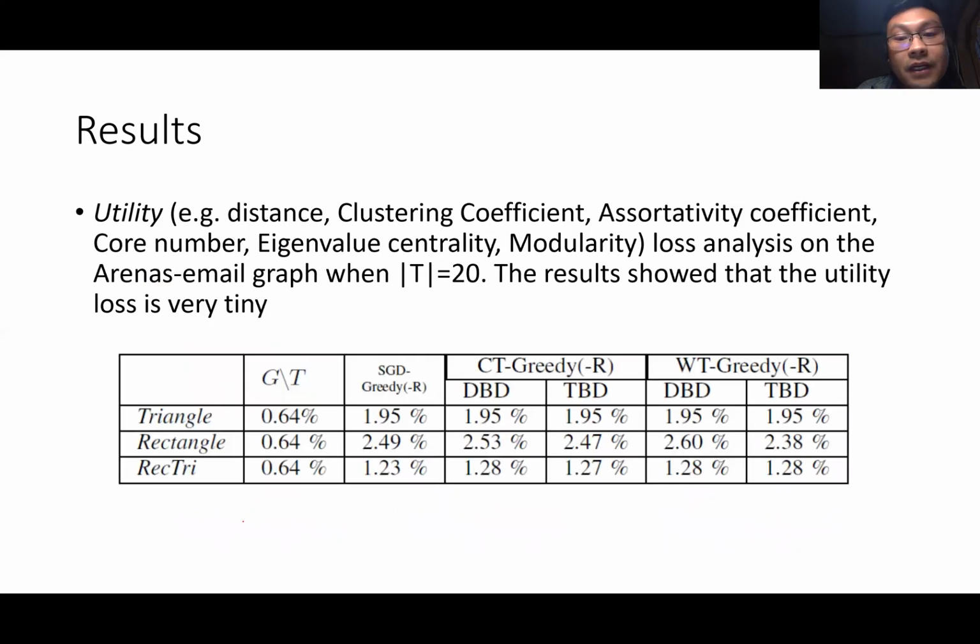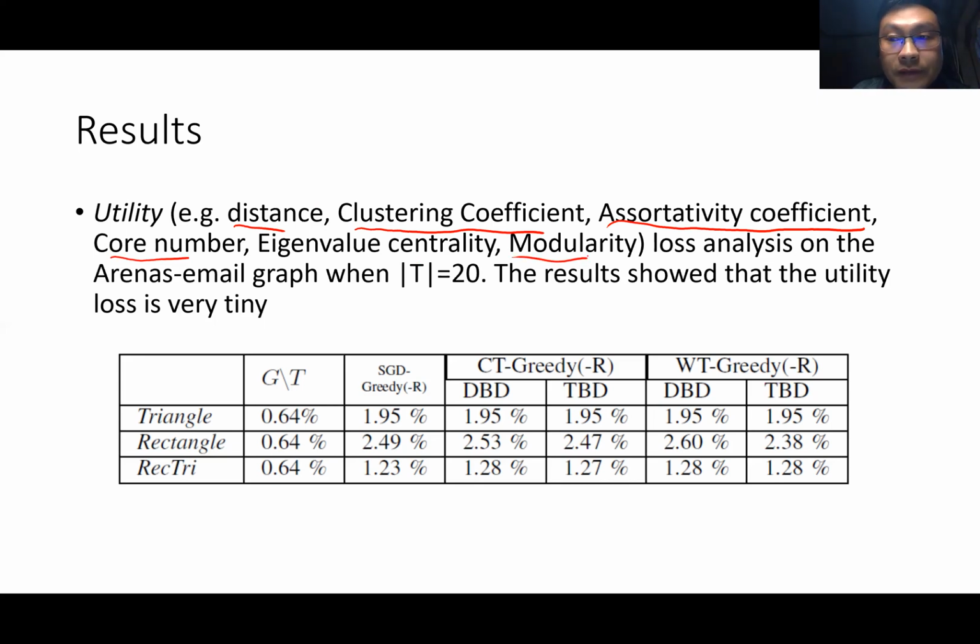Also, we evaluate the utility, because the utility of a graph is very important to a social graph which is released to the open for research purposes. So we considered many characteristics of the social graph, such as the distance, clustering coefficient, assortativity coefficient, cone number, modularity, and so on.